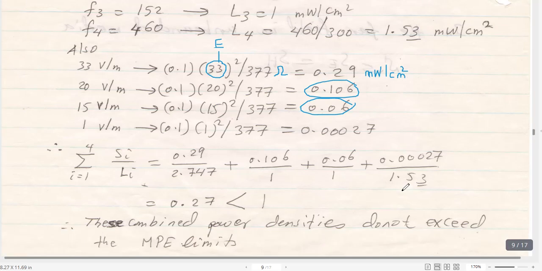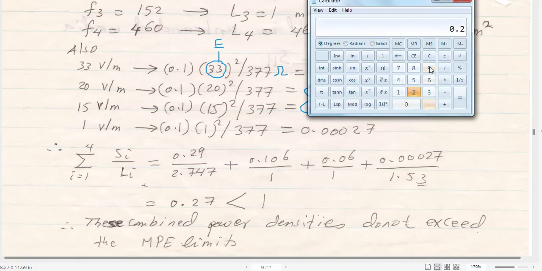When you sum these values, you obtain 0.27. That is 0.29 divided by 2.747, plus 0.106, plus 0.06, plus 0.00027 divided by 1.53, and we obtain 0.27. 0.27 is less than 1.